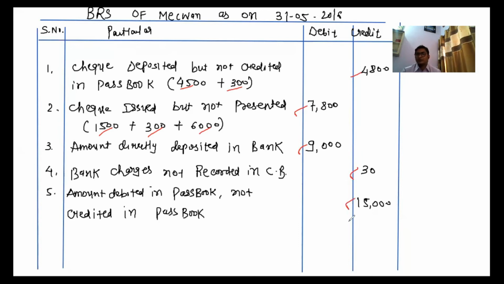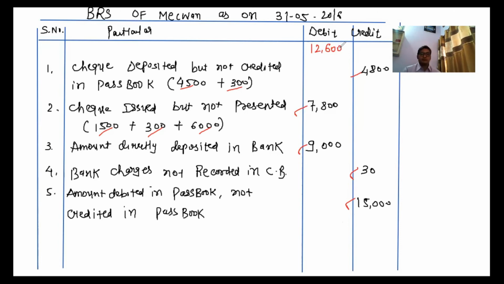Now, the last part, the balance. As per the cash book, the closing balance given in the question is 12,600. It is a debit balance, so on the debit side I am writing 12,600.